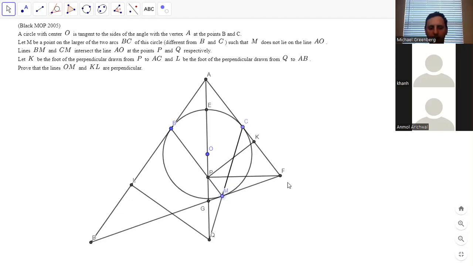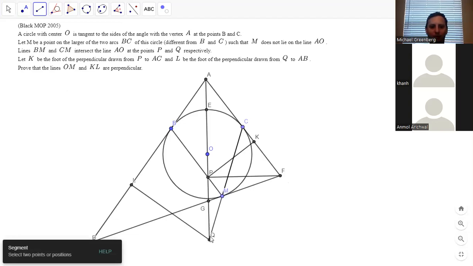Angle APF. I think it is, because of the Iran lemma. Ah, so we're using the Iran lemma. Okay, so let me think about this. Yes, that's the Iran lemma. Okay, so I think we've solved the problem.